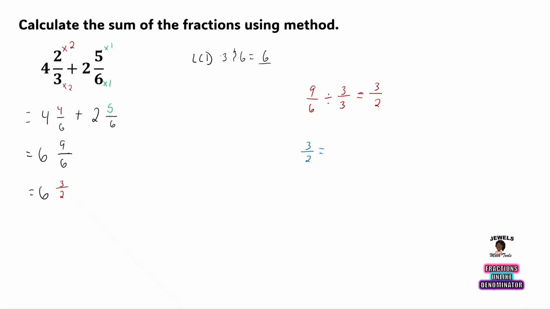Remember that we're going to do that by dividing 2 into 3. 2 goes into 3 one time. 1 times 2 is equal to 2, and 3 minus 2 gives us a difference of 1. So now to set up our mixed fraction, we will have 1 whole and 1 half.